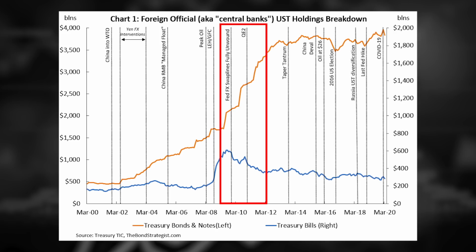So they'll park it in Treasuries. But there's also a lot of intervention that happens when these countries don't want their currencies to get too strong. They will sell their currency, buy dollars, and then with those dollars buy Treasuries. That was happening during 2009 to 2012, which led to that huge increase in the foreign official holdings of Treasuries. But pretty much 80% of the activity happened in that 3-year window.